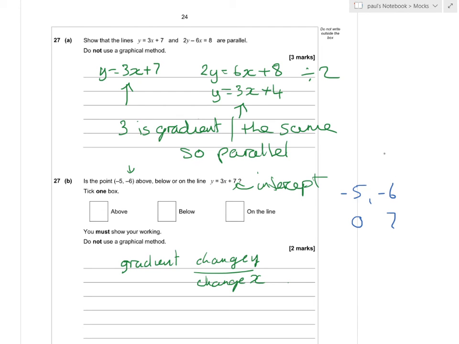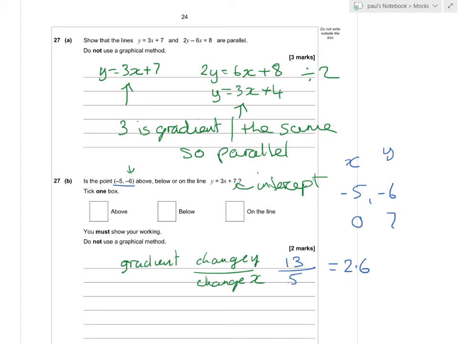So the change in y is 13 and the change in x is 5. So 13 divided by 5 is 2.6. So the gradient of this is 2.6. So it's not as steep.